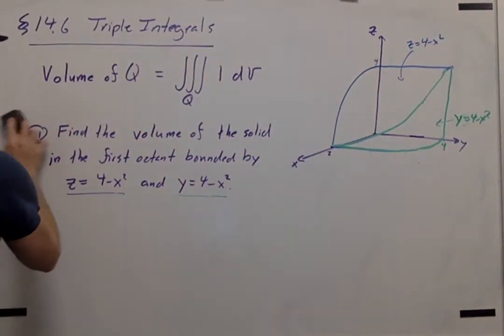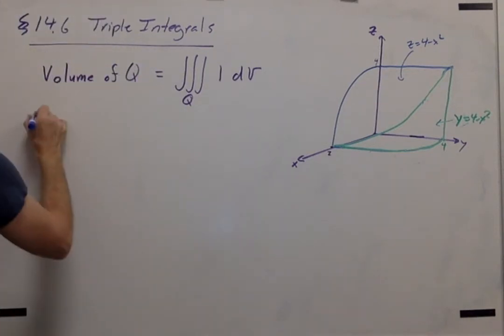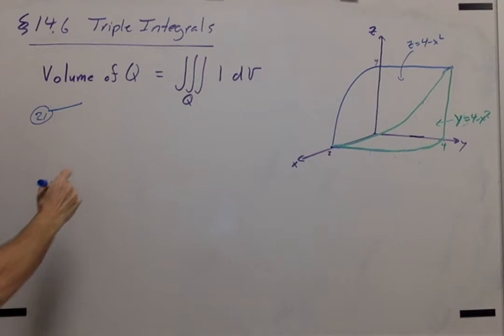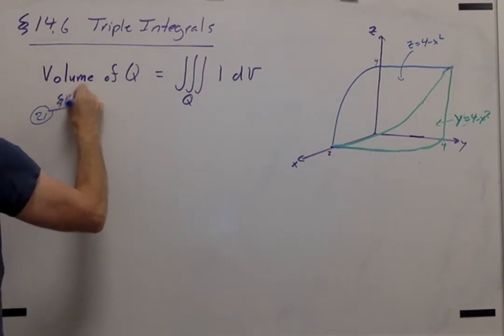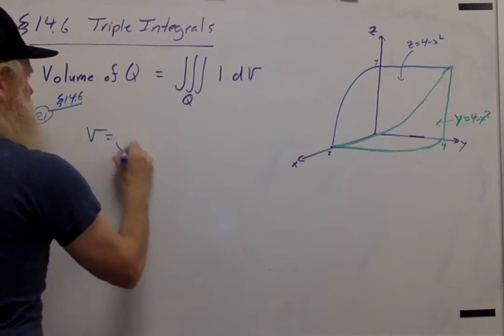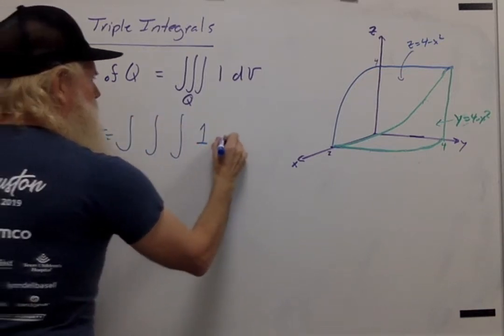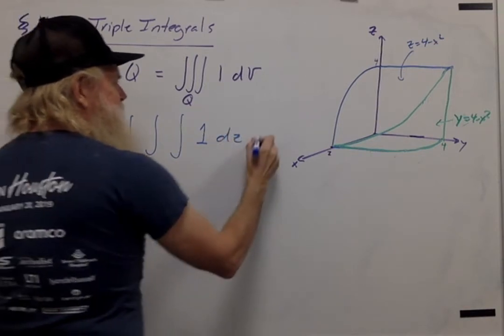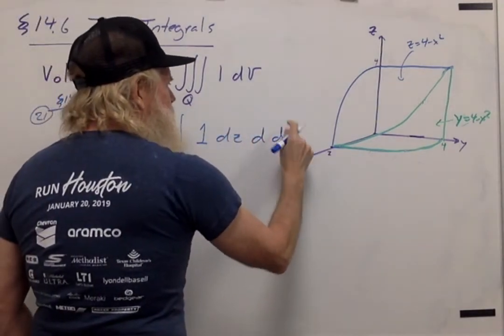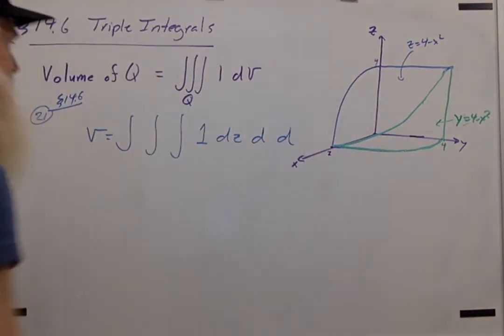And now I can erase a little bit. So to calculate volume, I integrate 1. I'll put the z on the inside, and I'll hold off deciding which order I want to put the x and the y.